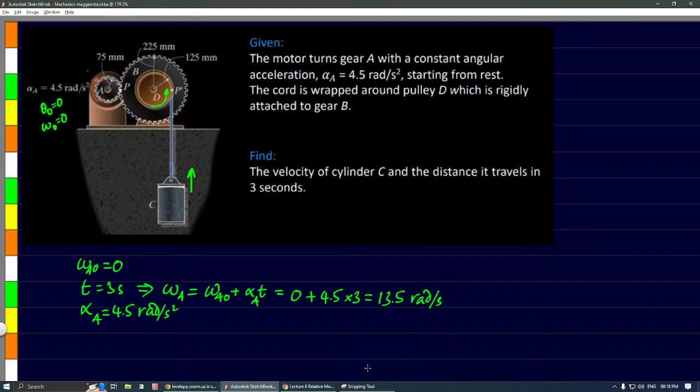Then alpha A is given. Now with the help of this, we have to find velocities of B. Omega B we need to find. Then alpha B we need to find. How to find this?